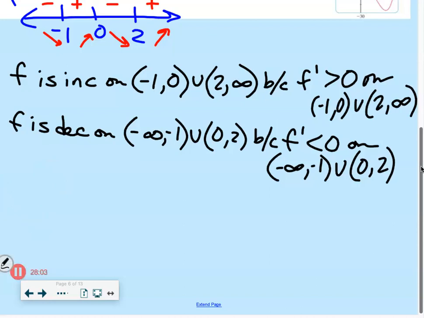Hi, Tweakian. Do we have a relative max anywhere? You can just tell me the x value. Oh, did you already find the y value? There you go. How did you get the y value? Where did you plug the 0 in? Are you sure? Into the original function. Whenever you need a y value, you plug into the original function.